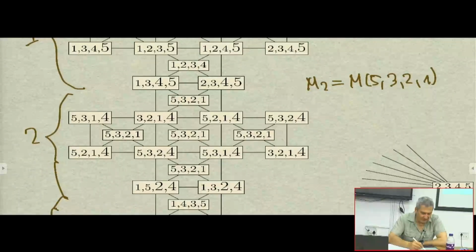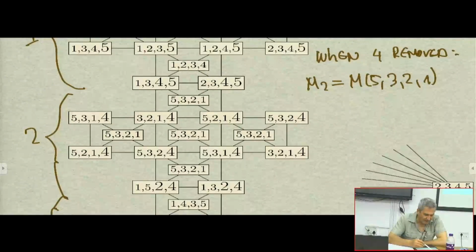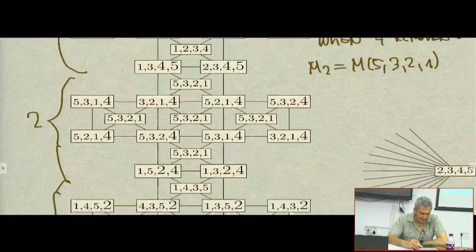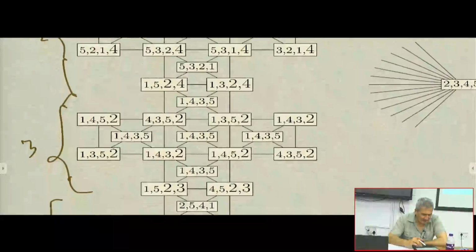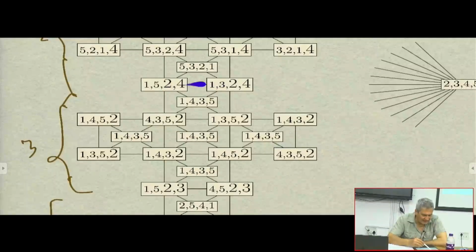When we remove 4 from the list, we see that color 4 appears only on the outer face, yes, nothing inside. Okay, and this coincides, and always on this common edge, it's carefully selected.